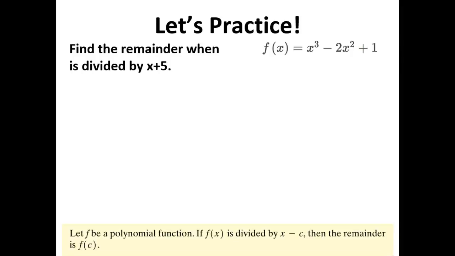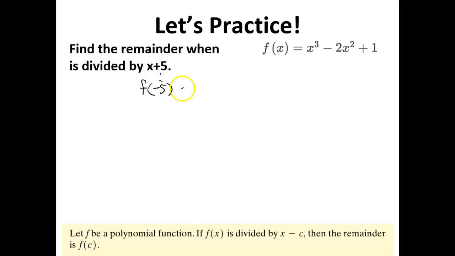Again, in this case, find the remainder when it's divided by x plus 5. This is just to show you how it works with a slightly different sign. When the function is divided by x plus 5, we are going to get the same remainder as if we put negative 5 into the function. So it's what makes this divisor 0.